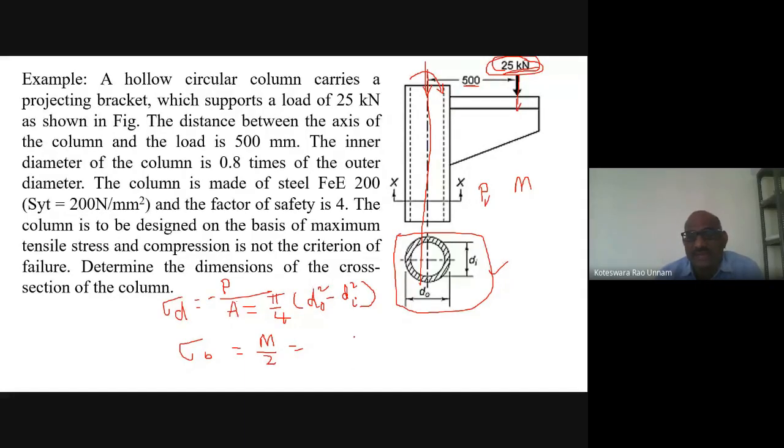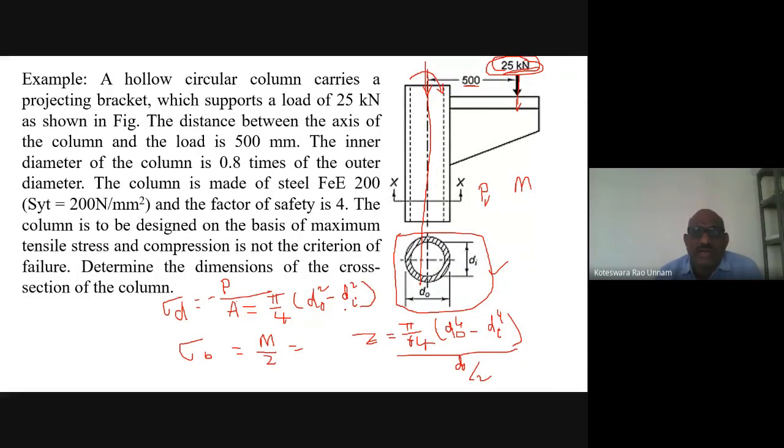Z is nothing but, for a hollow circular cross section, I by Y max. I for a hollow circular cross section is π by 64 into D naught power 4 minus Di power 4. Y max is nothing but D naught by 2. So these are the relations.